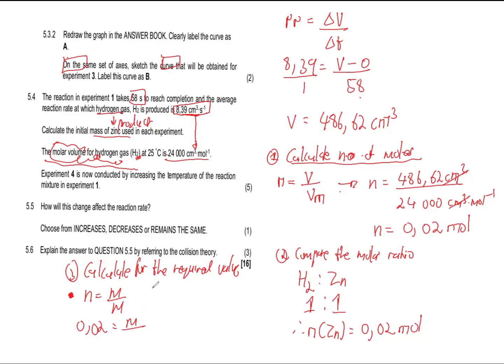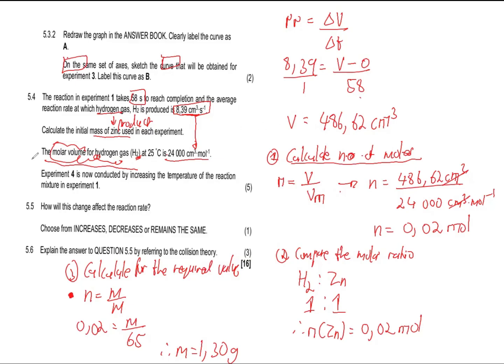What is the molar mass of zinc? From the periodic table, that's 65. When we cross multiply, 0.02 multiplied by 65, we get that our mass will be 1.30 grams. And that's all. That's all you had to do. So 5 marks in the bag, just like that, guys. Easy peasy.